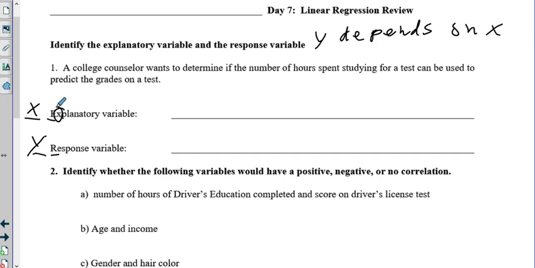So a college counselor wants to determine the number of hours spent studying for a test can be used to predict grades. So does the number of hours depend on the test, or does the test depend on the number of hours? The test depends on the number of hours. So test score depends on the number of hours studied.